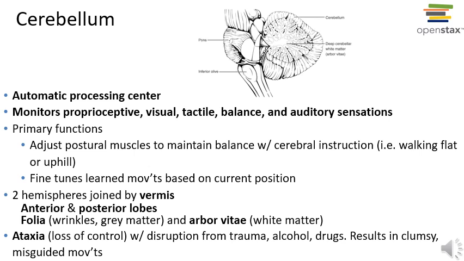Cerebellum is technically developed from the rhombencephalon, so it's more closely embryonically aligned with the pons and the medulla oblongata. Functionally, in a nutshell, the cerebellum is all about balance. It monitors proprioceptive information.